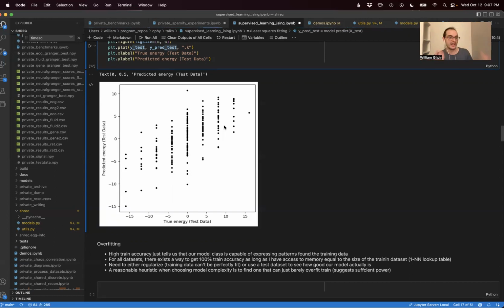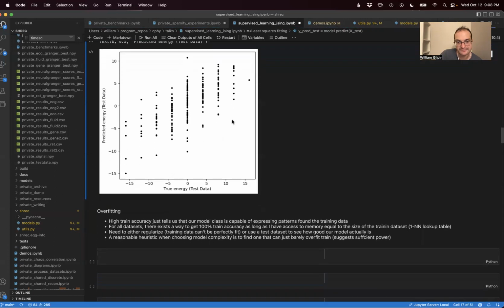That's a way to heuristically figure out if your model has enough parameters to capture what you're trying to do. Okay, so that's linear regression, trying to predict the energies of the Ising model given observations of microstates. Linear regression seems to have done pretty well, but there certainly appears to be room for improvement.